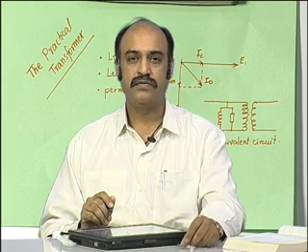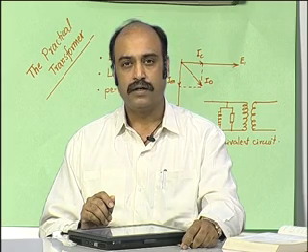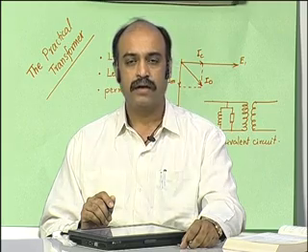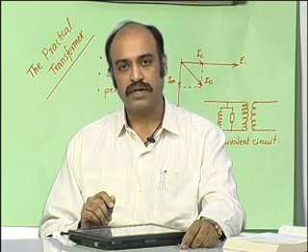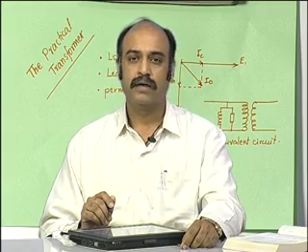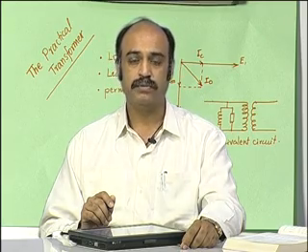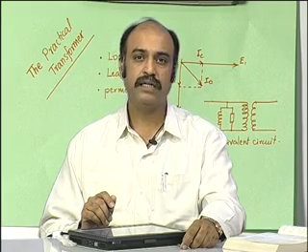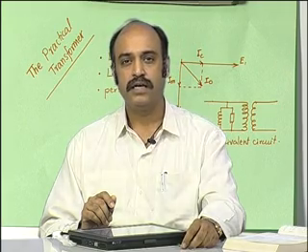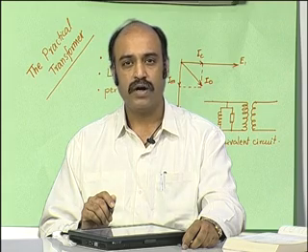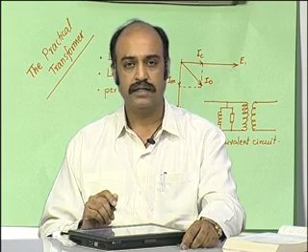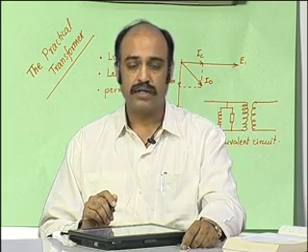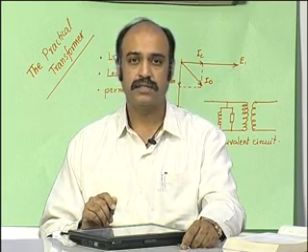We saw that the ideal transformer required features like infinite permeability, infinite saturation flux density, hysteresis loop area should be 0, resistivity of the core material should be infinite, and of course, the resistivity of the winding that is coiled around the core should also be 0, so that there are no copper or core losses.